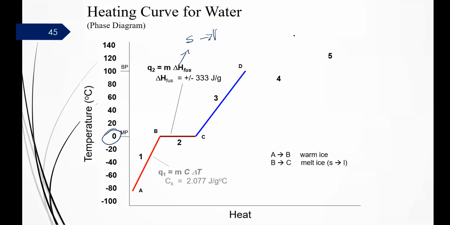On this third section, from C to D, that's just us warming the water, so we should be back to Q = mcΔT, with its own specific heat capacity.